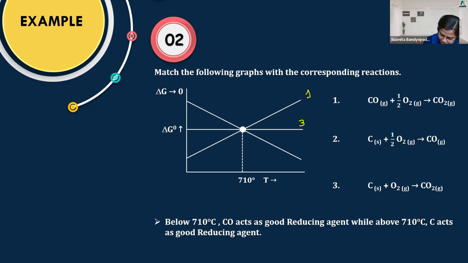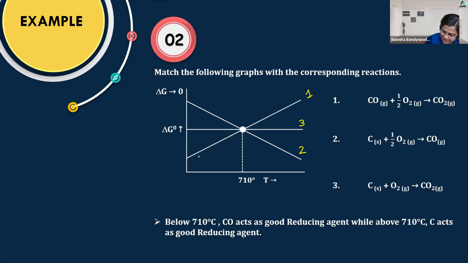This line is 1. This line is 2. I'll justify that. Wait, give me a minute. First I'll justify, and then if this is wrong, I can correct myself.